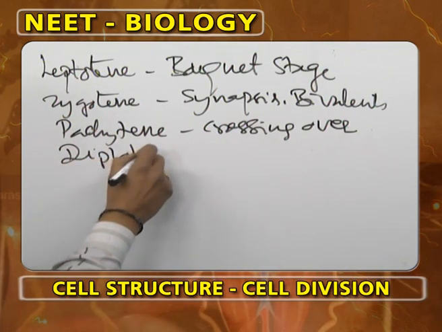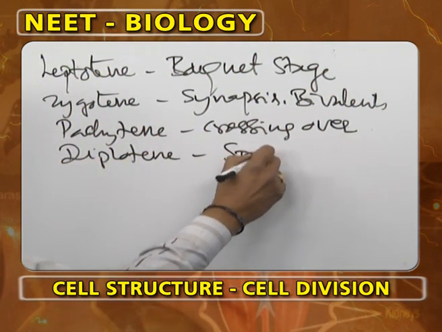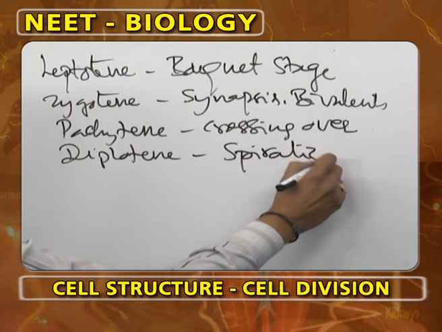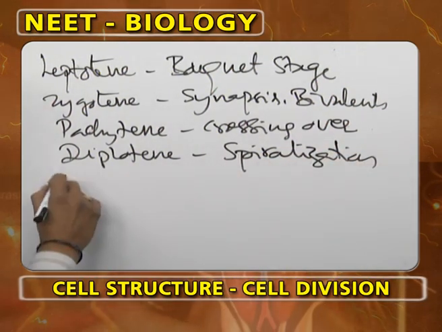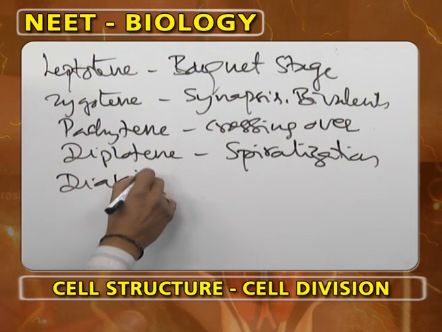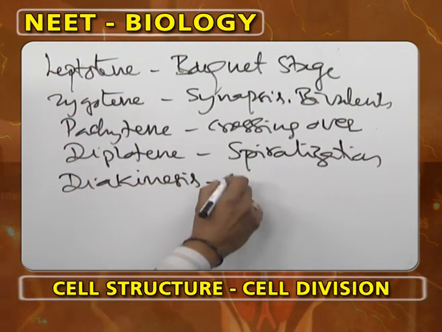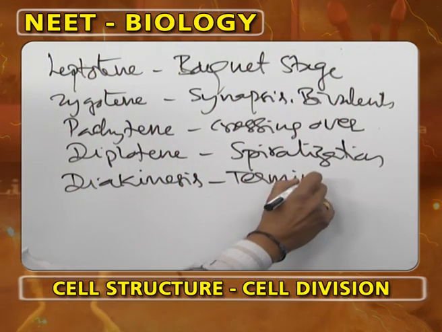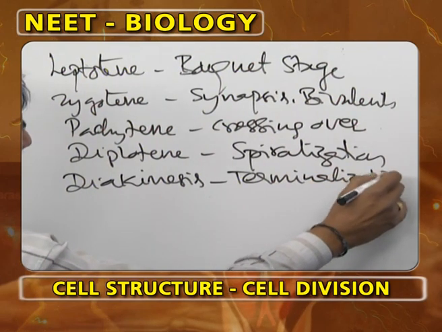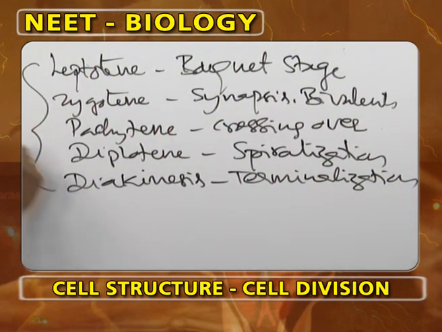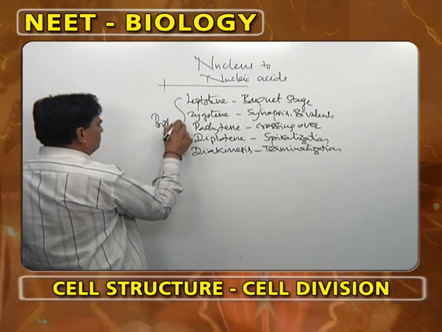Diplotene is known for thickening, contraction and other aspects of chromosomes, which is called spiralization. Diakinesis is known for terminalization. This is all for prophase 1.